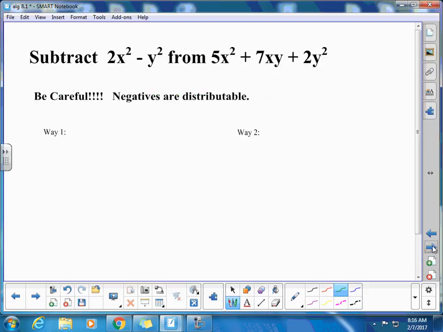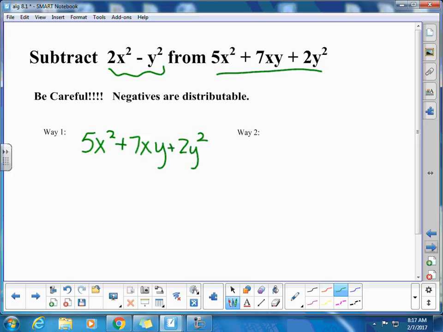Subtraction, you have to be careful. If we're subtracting 2x squared minus y squared from 5x squared from that trinomial, let's do it vertically. But we have to be careful so we distribute the negative. It said we're subtracting the binomial from the trinomial, so we take the trinomial first. And underneath it, I'm going to subtract, and I'm going to use parentheses because I need to distribute the subtraction.